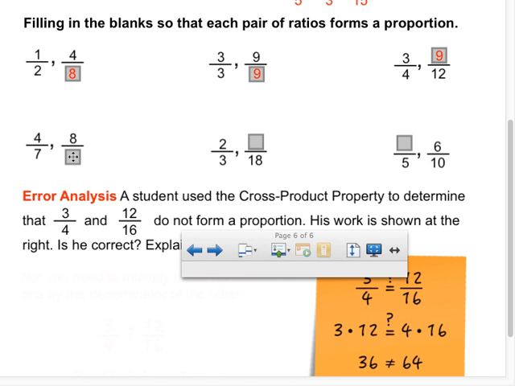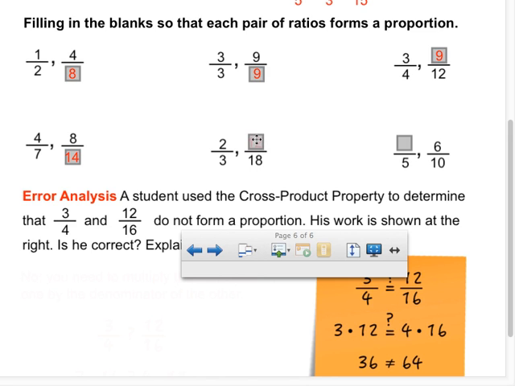In this set of ratios, what needs to be in this box to form a proportion? Somebody I haven't heard from. Tayana? 14. Very good. Over here, for this set of ratios, what needs to be in this box for these two to form a proportion? Somebody I haven't heard from. Miles? What needs to be in this box so that these two ratios are a proportion? 12?